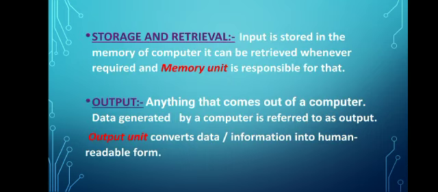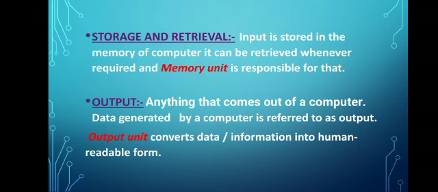Next one is storage and retrieval. Input is stored in the memory of the computer. It can be retrieved whenever required, and the memory unit is responsible for that. Next one is output.